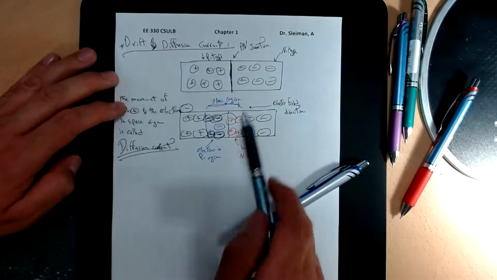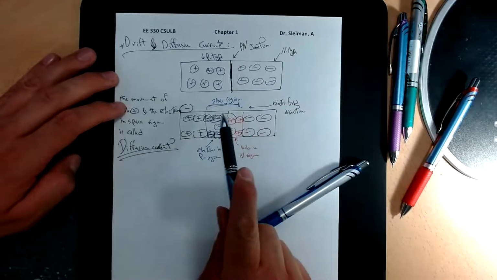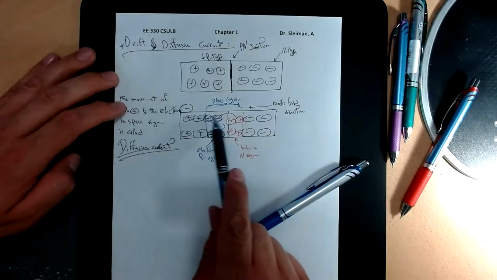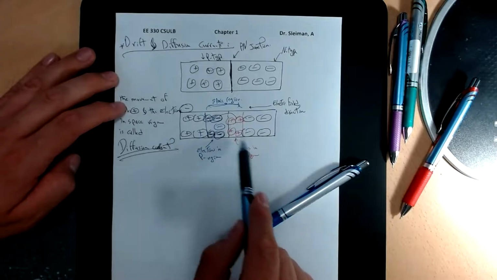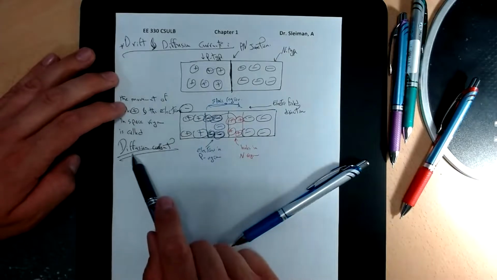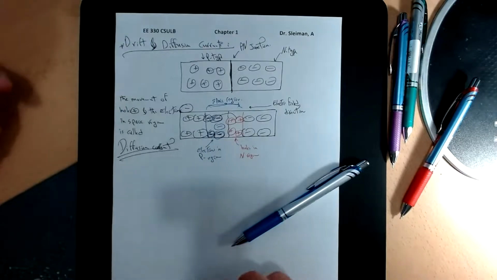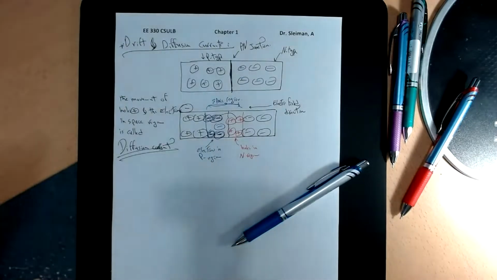So when the negative jumps over to the positive region, and the positive jumps over to the negative region, this space region, the movement of the positive and negative is the current, the diffusion current.